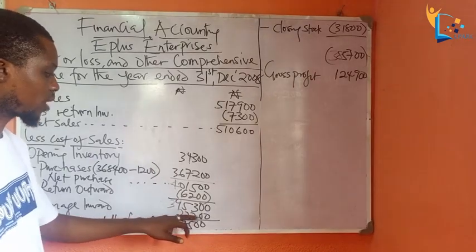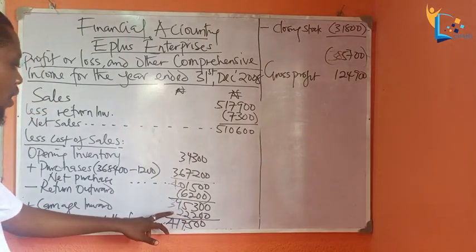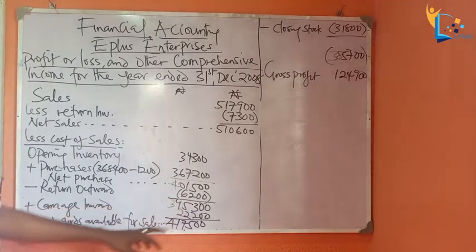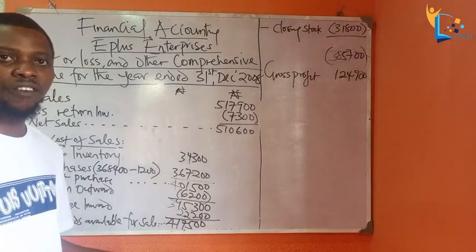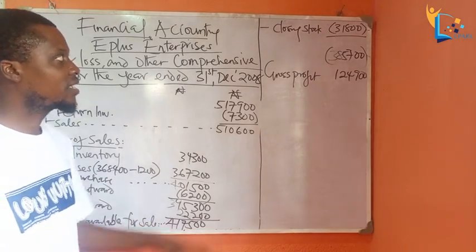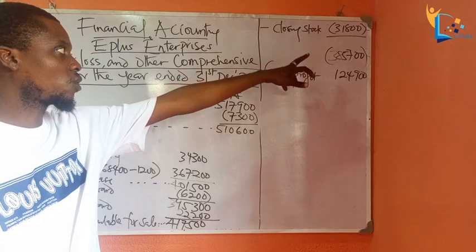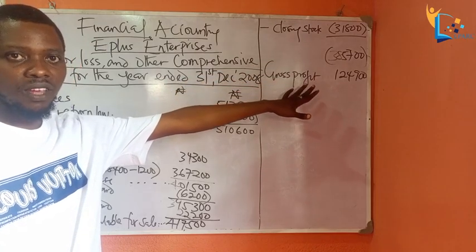We spent 22,200 to bring the goods inside, so we add it to the net purchase after the return outward. Then anything we get is the cost of goods available for sale, so we are ready to make sales now. Then we deduct our closing stock from it. After deducting the closing stock, we got our gross profit. Are we together?